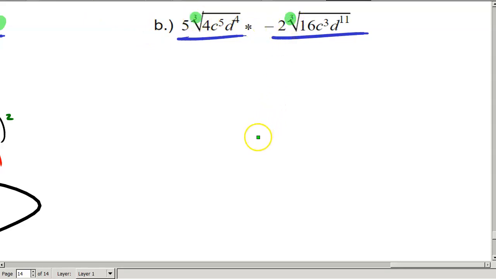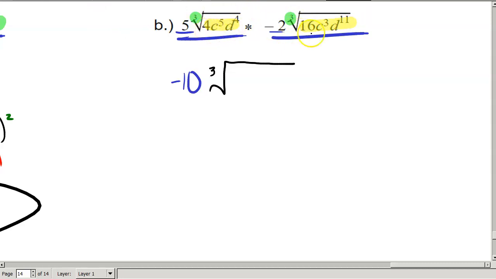They're both cube roots, so that's good. So we can put this all together in one. So I'm going to have the numbers first. I'm going to have 5 times negative 2. That's going to give me a negative 10. And then I'm going to have the cube root of, and now I'm going to multiply everything inside. So those yellow things.